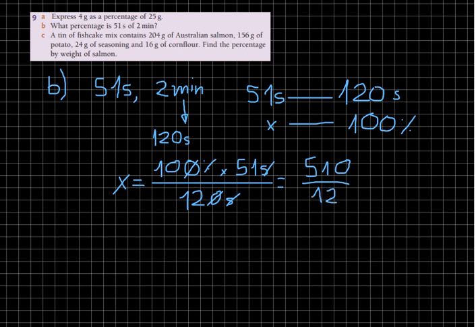Now I can simplify this, the half of 12 and the half of 510. The half of 510 is going to be 255, and the half of 12 is 6.